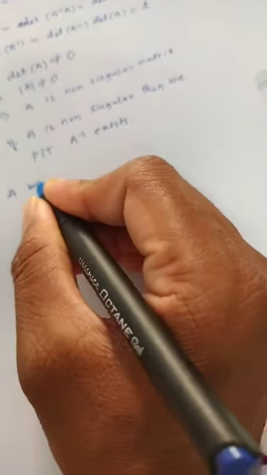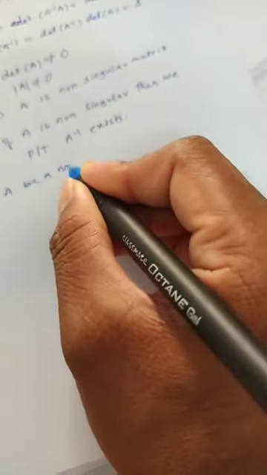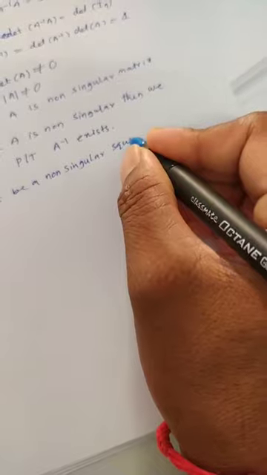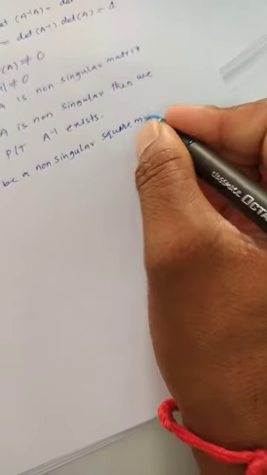So I am taking A as a non-singular square matrix. If A is a non-singular matrix, what we have to prove? A inverse exists.